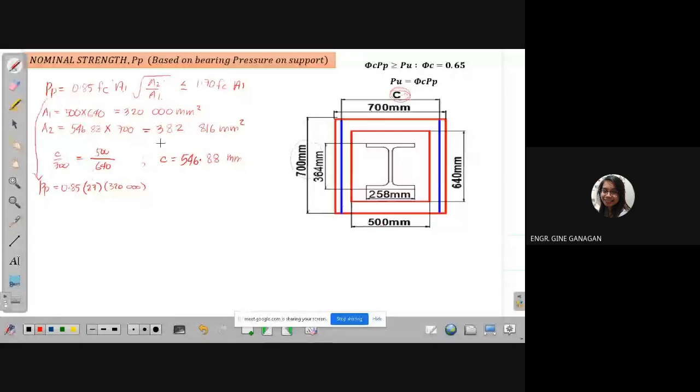The square root of area 2 and area 1. So, ilan ito? So, this is Newton, mm squared, this is mm squared. So, magkakancel yan. Ang matitirang unit natin is Newton.